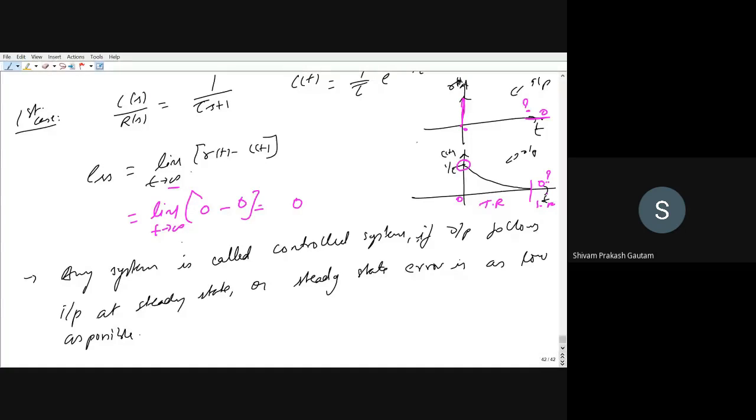Ideally, the steady state error should be 0, but it can be present, but it should be as low as possible. So any system is called a controlled system.